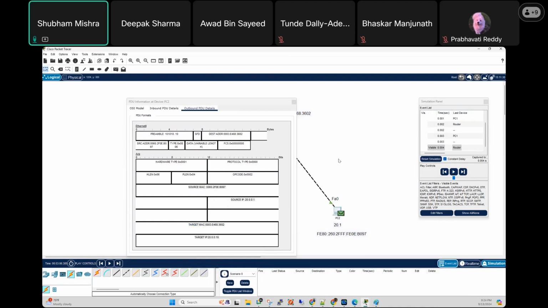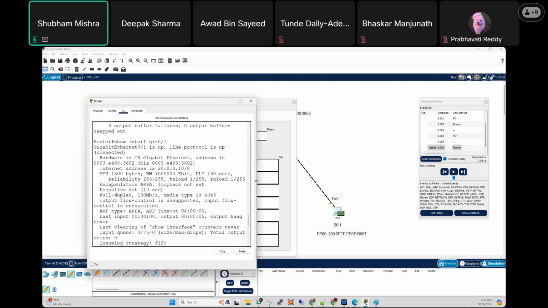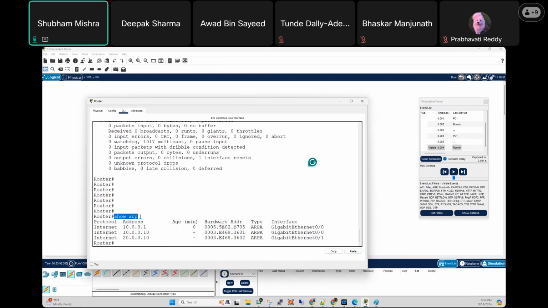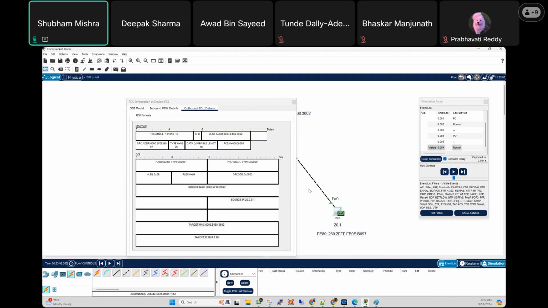Even on the router, I write a similar command: show arp. One more command is show ip arp. So there are two commands to check the ARP table on the router. But if you want to check on a Windows device, what is the command? arp -a. Understand everyone?